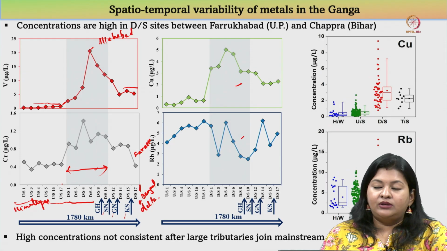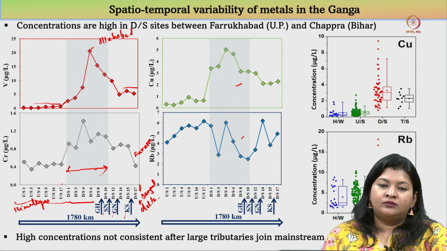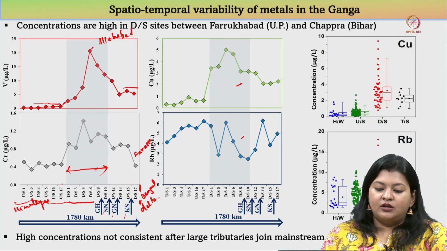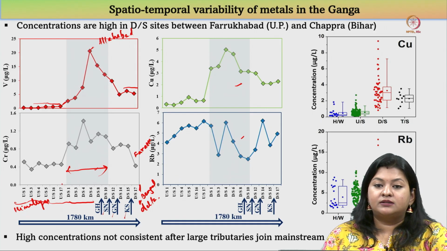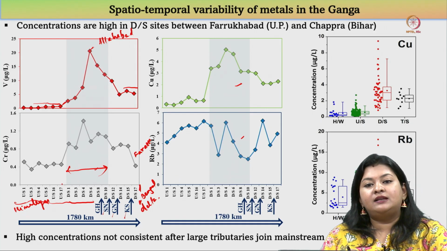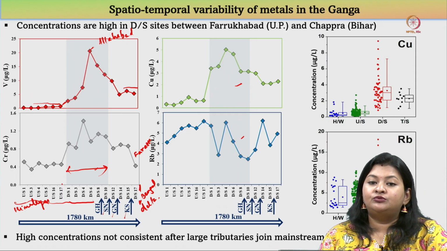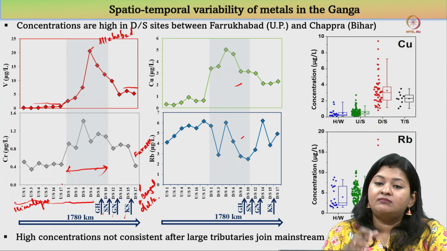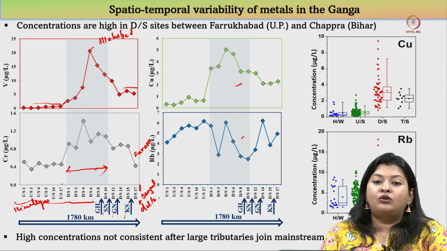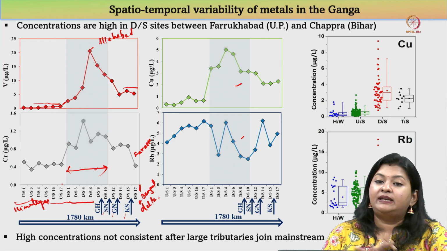Often when you are looking at catchment scale, having a time series becomes very difficult. So, such data is more synoptic, but seasonal sampling has to be maintained, at least one monsoon and one non-monsoon, because these rivers are extremely different during those 2 times. The monsoon and the non-monsoon periods will look very different.